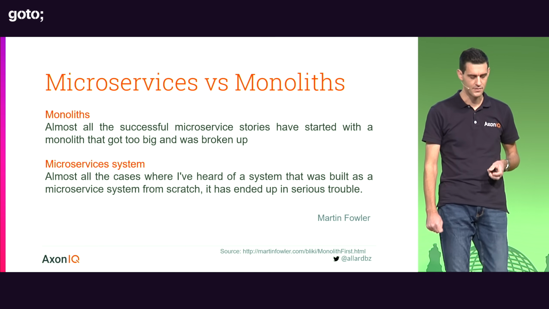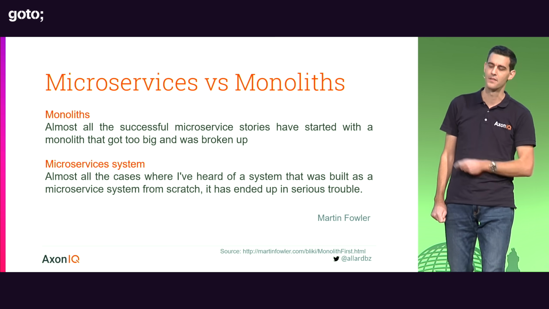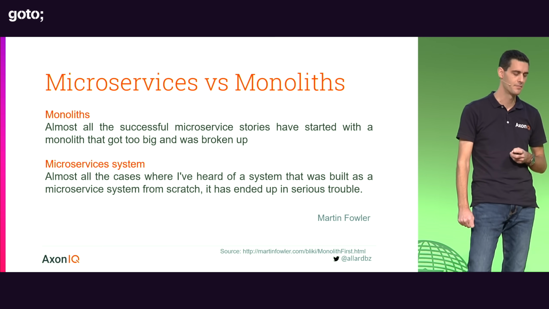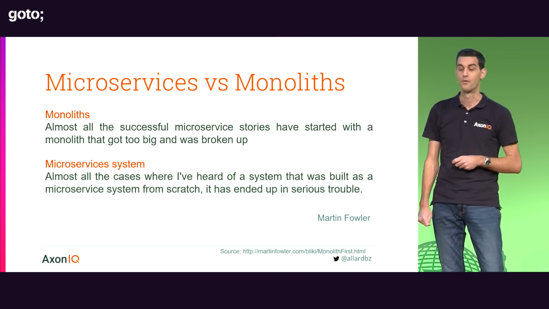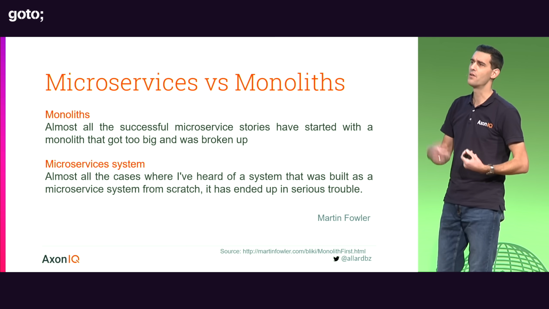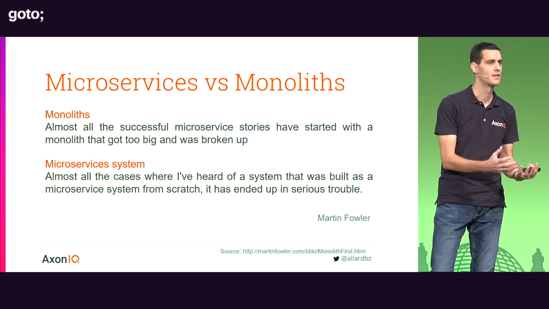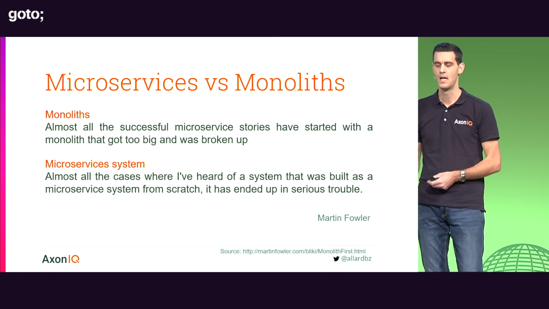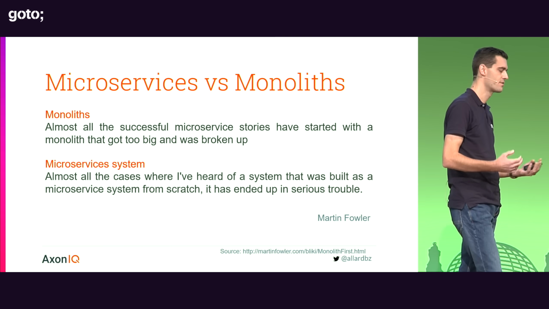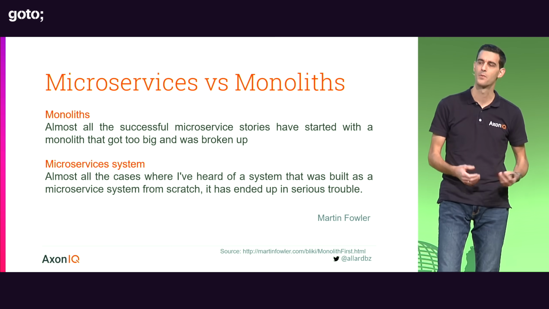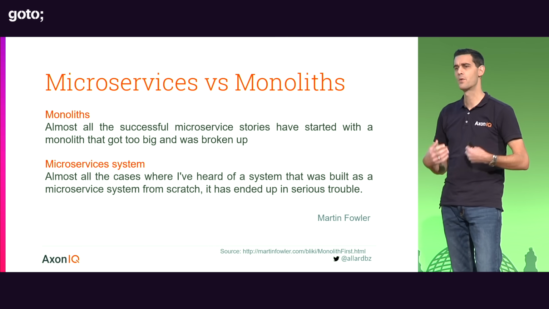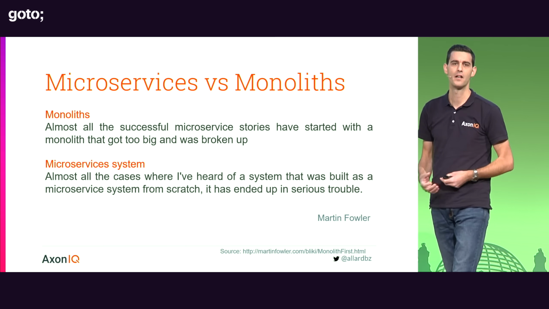But there's something else. And it has to do with an observation by Martin Fowler, already quite a while ago, that all the successful projects of microservices started with a monolith that was taken apart. And in many of the situations where microservices were built from scratch, those projects ended up in trouble.